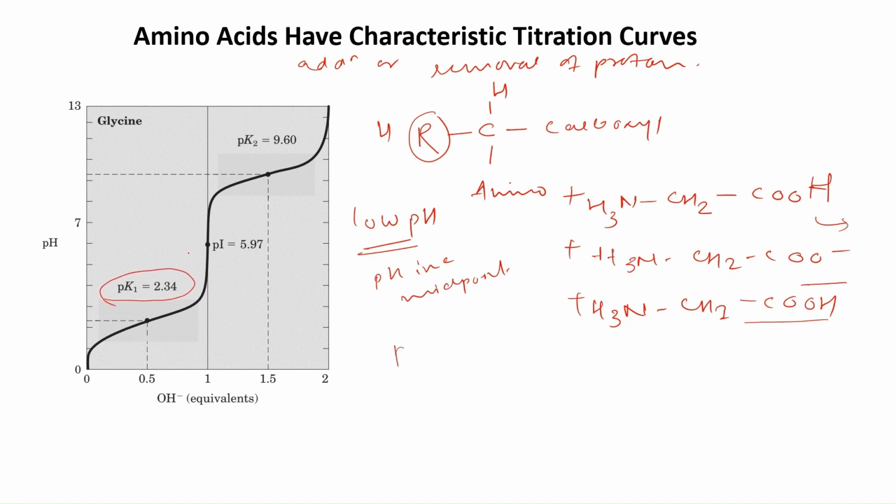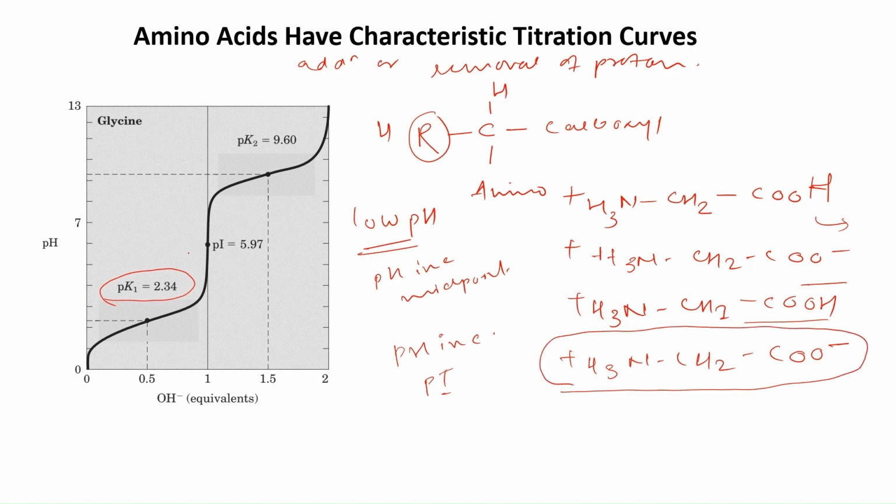As the pH increases more, a point will come which is known as pI. Now what happens? All the carboxyl terminals have donated protons. So the predominant form is the Zwitter ion form. That means no net charge. This point for glycine, which is called pI or the isoelectric point, is 5.97.